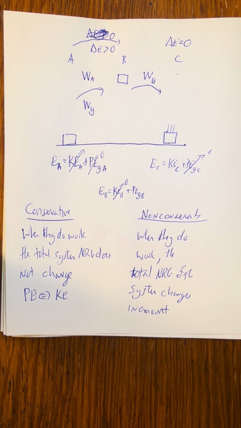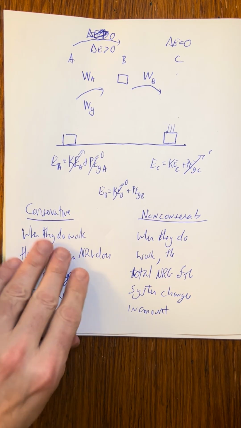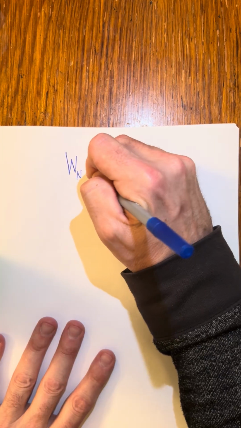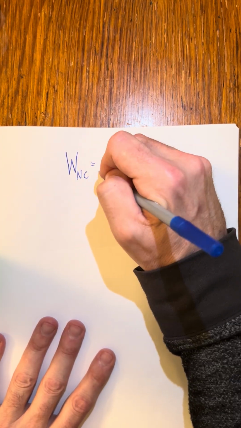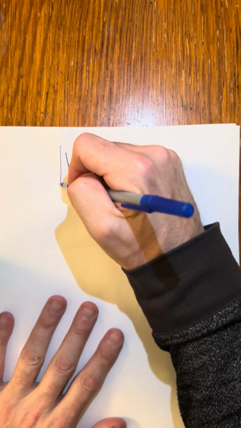Okay, so there we have it. When they do work, the total energy of the system changes in amount. Written another way, when the work of non-conservative forces is non-zero, the total energy of the system changes. So this becomes a new premise for us.